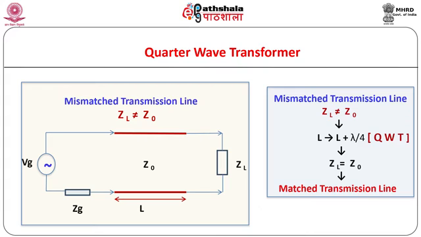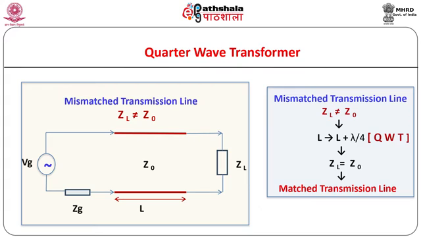To match the load ZL with Z0, the original length L of the given transmission line, also called the feed line in some other systems, is increased by inserting a piece of another transmission line of length lambda by 4 with characteristic impedance Z0 dash between the output terminals of the receiving end of the original transmission line and the load impedance ZL.